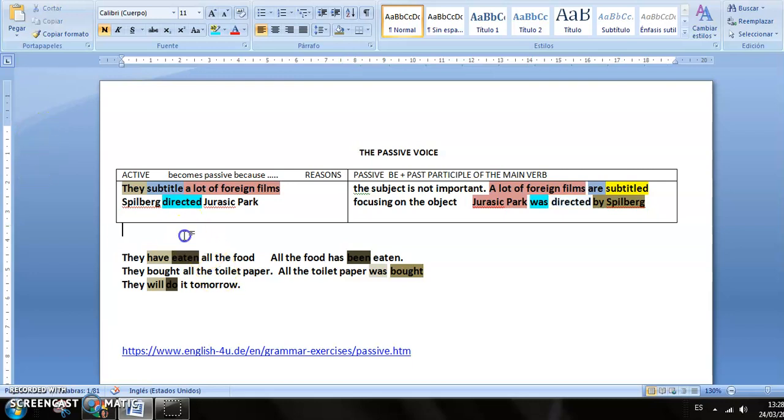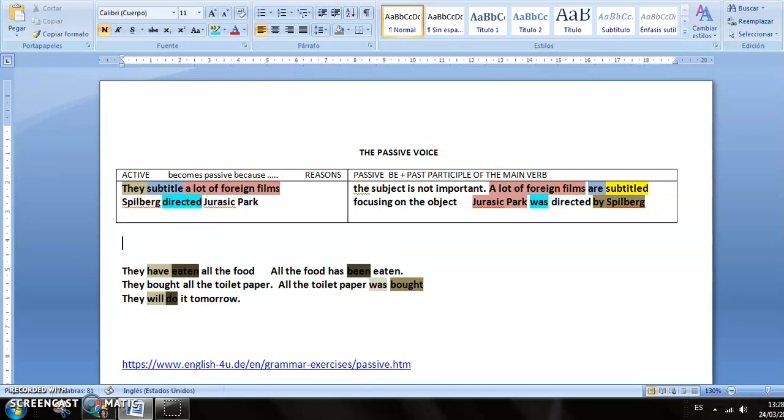Remember about that? For example, we would say eat, ate, eaten. Remember that? Well, this is the past participle. We use past participle to make passive sentences and also to make perfect tenses. We say, "they have eaten all the food," right?